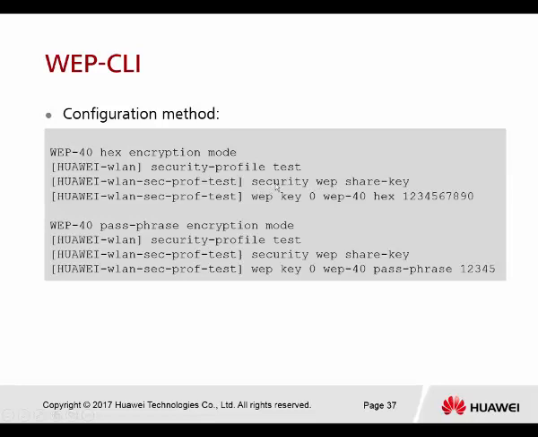So put the command security, I'm going to choose WEP and I use share key. Right now, WEP, the key ID is number 0, my default key, and for WEP I'm using 40. I put hex, and this is my password. If you use hex, then the password has to be this long. If you're using a passphrase, you can use a shorter password key.